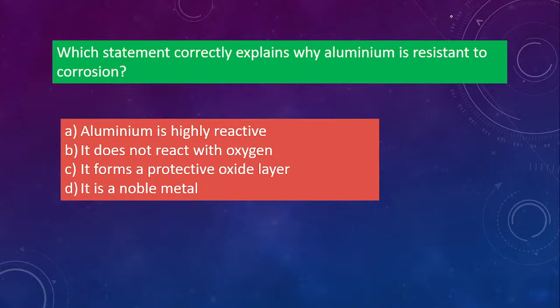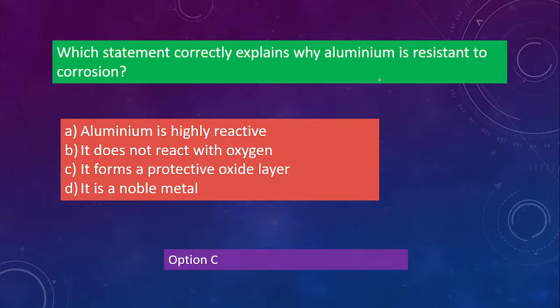Tell me. Option C. Okay, all are going for C. So aluminium is resistant to corrosion because of the protective oxide layer that is formed.